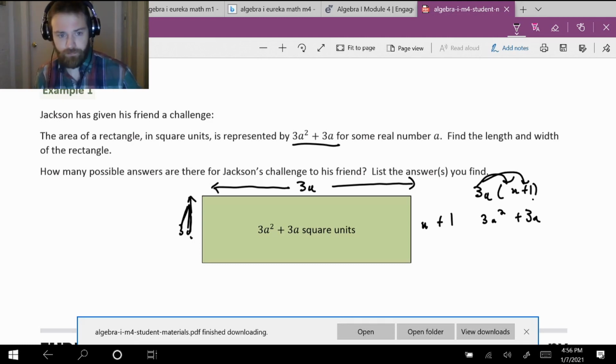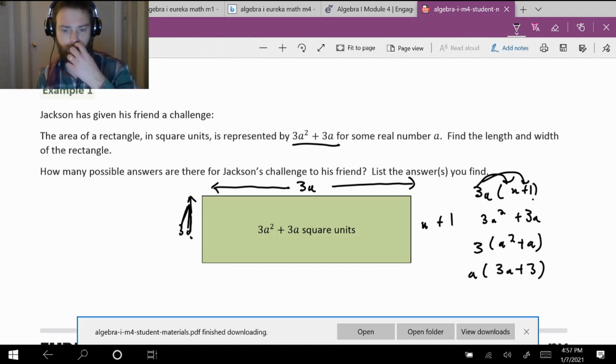And then they said to list how many answers you can find. Well, you could have said that 3 was the only factor, and one side length is a squared plus a. Or you could have said that a is the only factor, and then 3a plus 3 is the width. So there are multiple ways you could have written this.